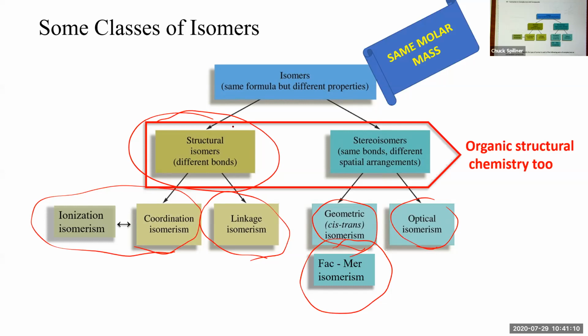We'll separate the organic compounds into structural and stereoisomers. And the structural isomers are sort of, I guess, linkage. We have different names for different kinds of structural isomers in organic. But this part, that I've outlined here, the broad classification of isomers, structural and stereo, also applies to organic chemistry.